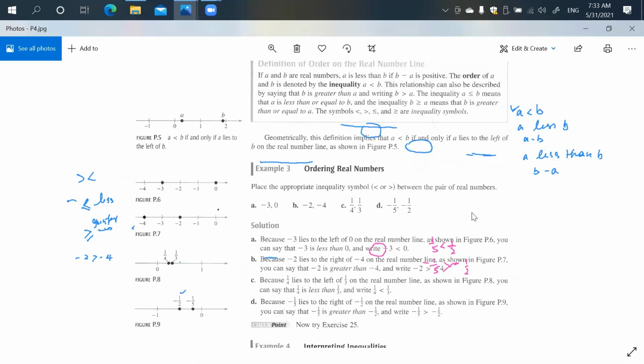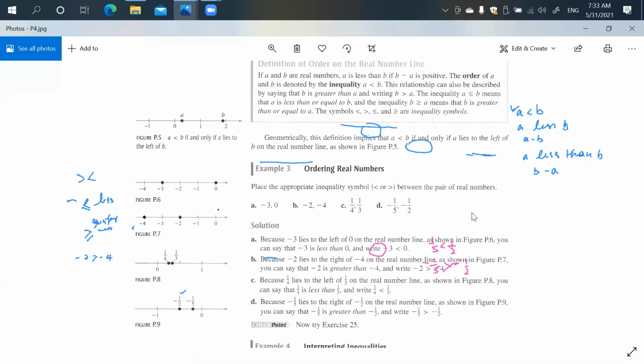Next one. So when negative, this one is going to be greater: negative 1 over 5 is greater than negative 1 over 2, because negative 1 over 5 is on the right hand side of negative 1 over 2. So this is about ordering real numbers.